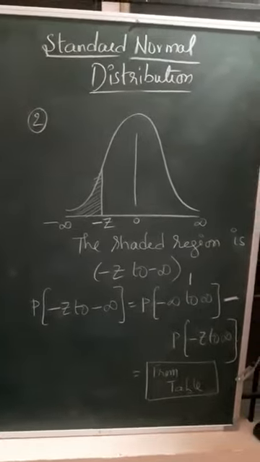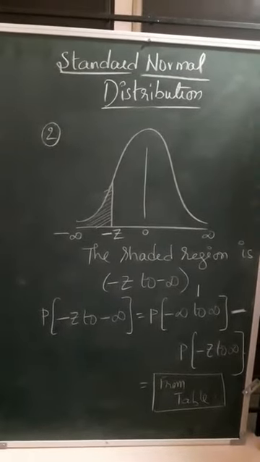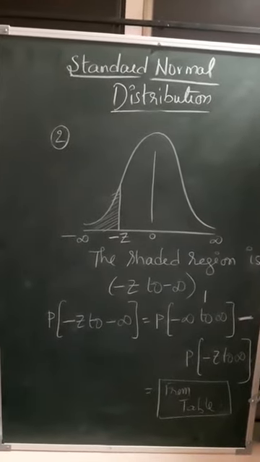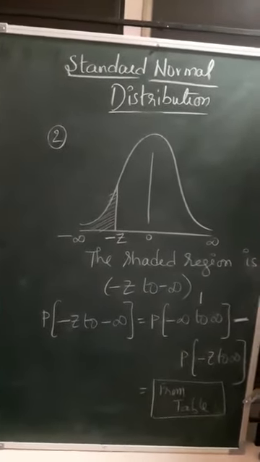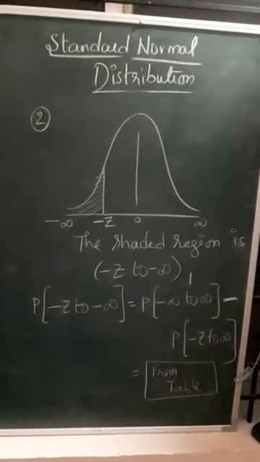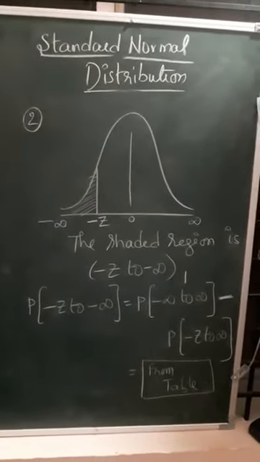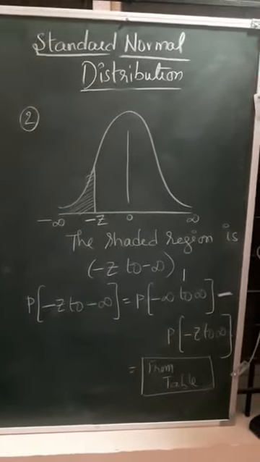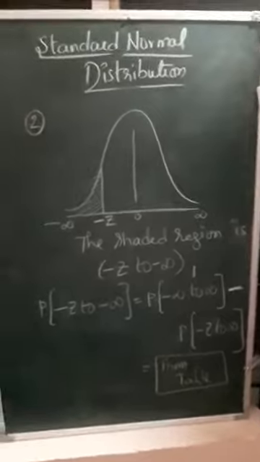Remember, from the total curve, as I mentioned earlier, we have minus z to infinity and plus z to infinity. Now the minus z to infinity value we can find in the tables. From the total 1, remove the minus z to infinity area, the blank area in the normal curve.